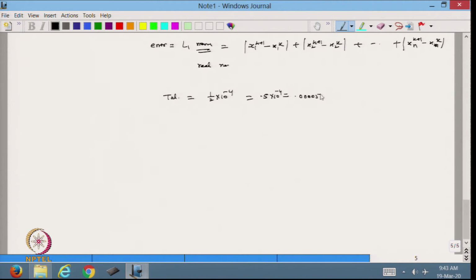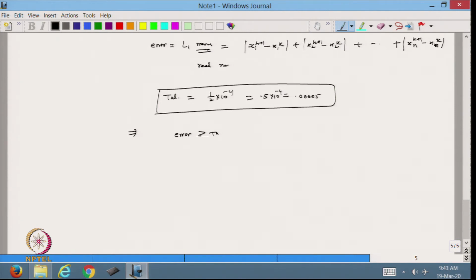So, that is my tolerance. Then I will find out my error, and if the error is greater than the tolerance, then continue, and if the error becomes less than the tolerance, then we stop.